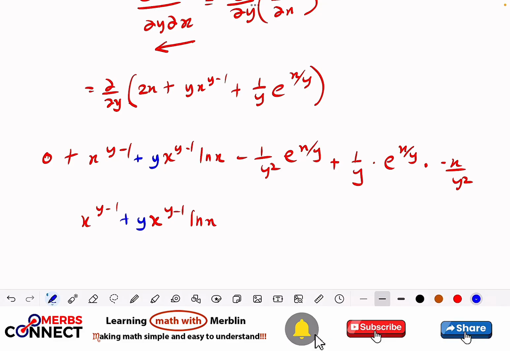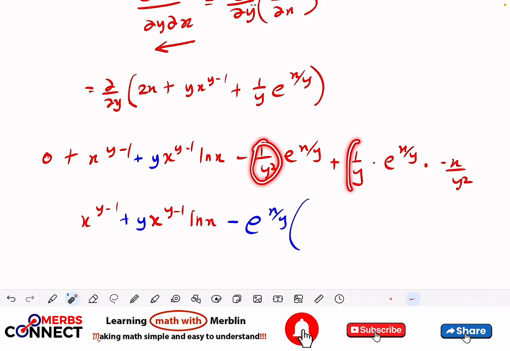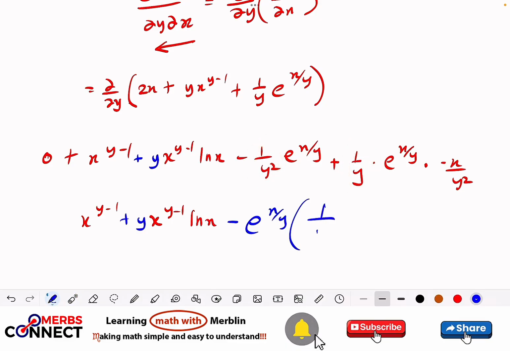So now let's try and then combine this. I have minus here, I can factor it out. I have this one here too, I can factor it out. What will be left? It will be left with this times this, which is going to give us 1 divided by y cubed, and then plus, because this one is not with this one, so this one should be y squared.